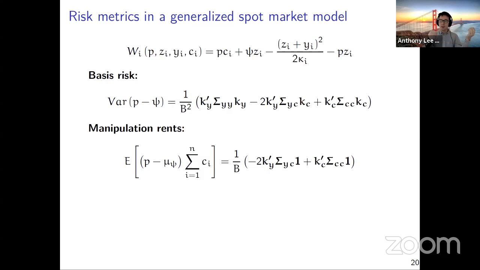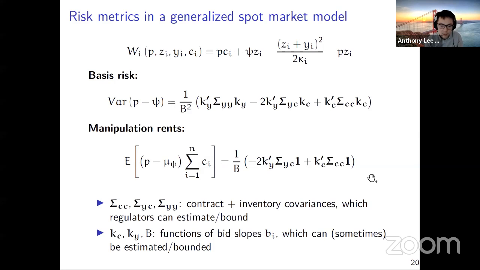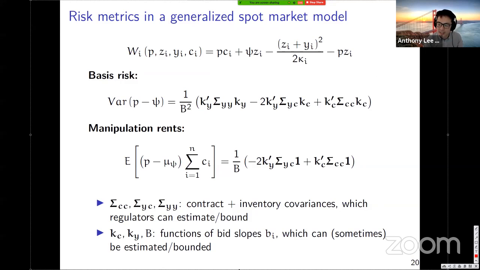So there's a unique equilibrium in the general model, building on working paper, building on an old result by Du and Drew in 2012. And then we can calculate basis risk and manipulation rents using fairly simple functions of certain objects. What are these objects? Two things that a regulator needs to observe in order to measure basis risk and manipulation rents in data.